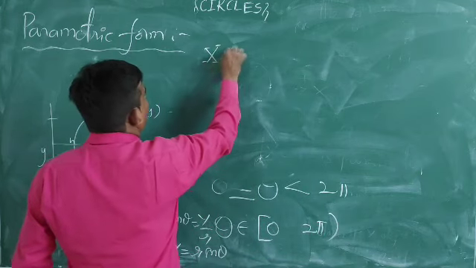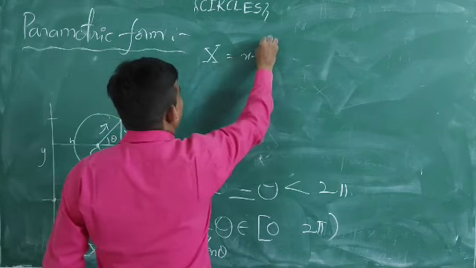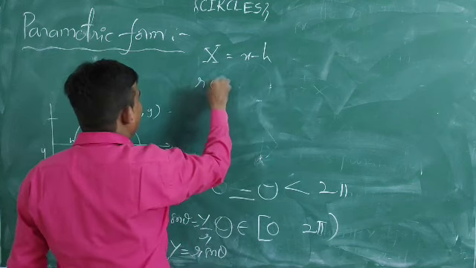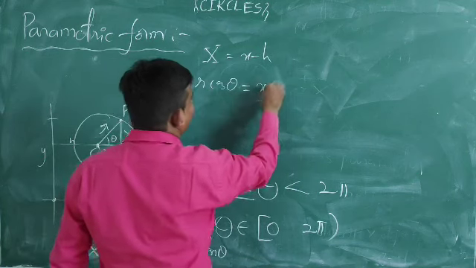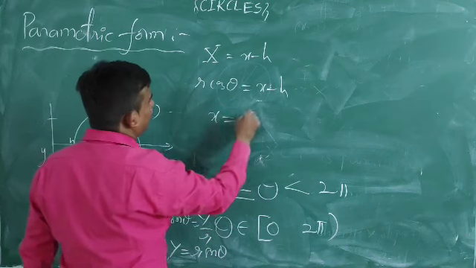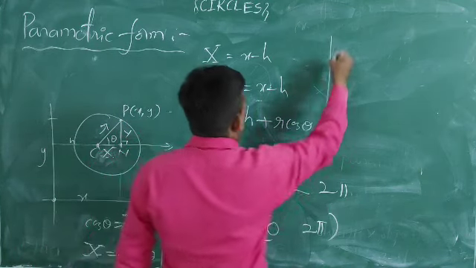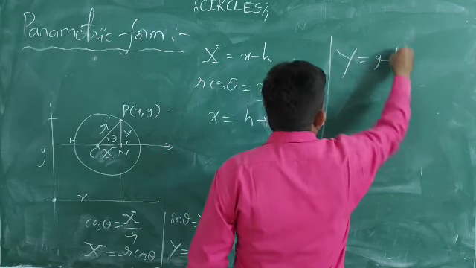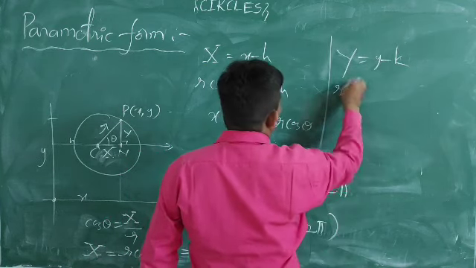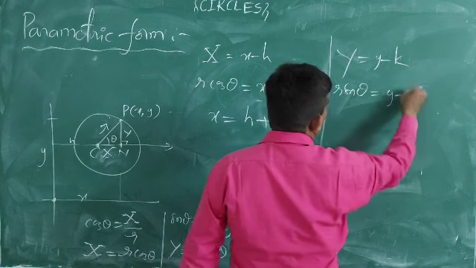Capital X equals small x minus h, and it is r cos theta equals x minus h, then x equals h plus r cos theta, and again capital Y equals small y minus k. From it r sin theta equals y minus k.